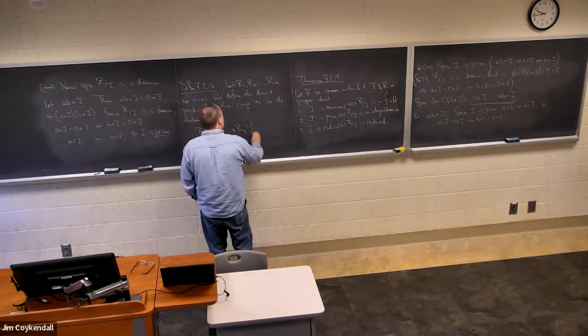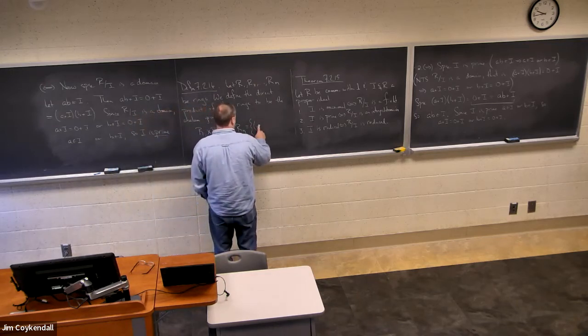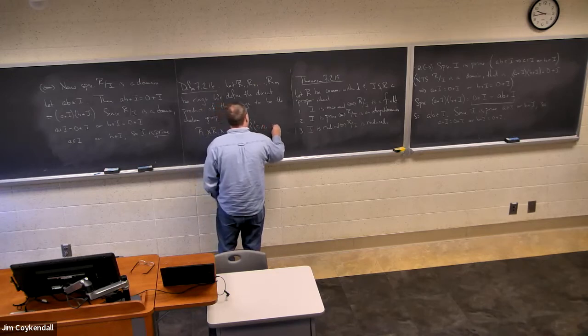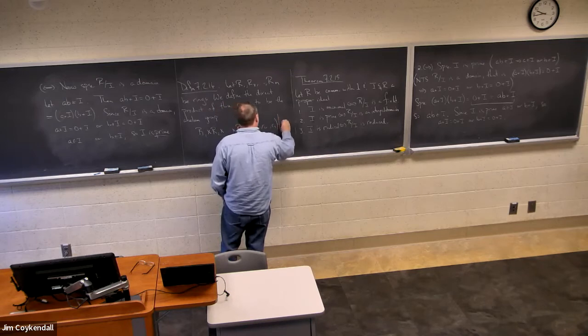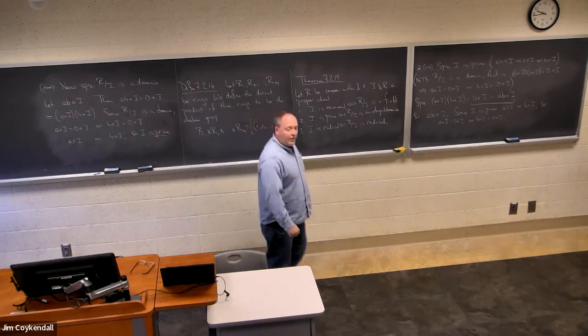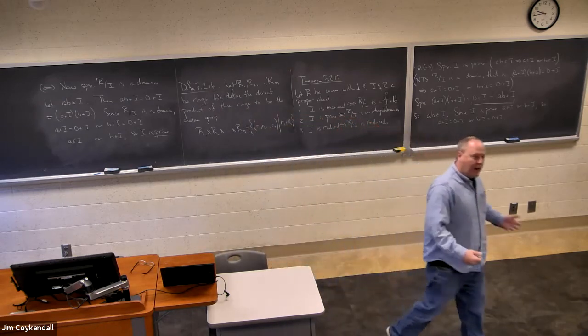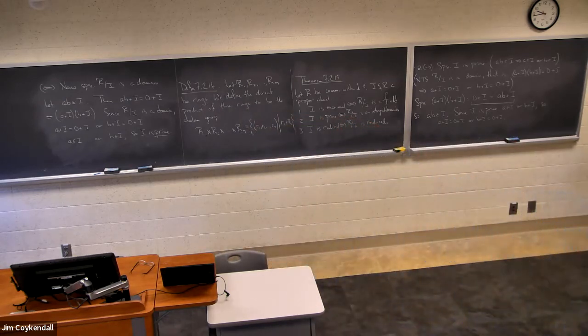And remember what this is, it's sort of like a vector: R1, R2, ..., Rn with Ri in Ri. Remember, we've already defined what it means to be a group, and we add things coordinate-wise.